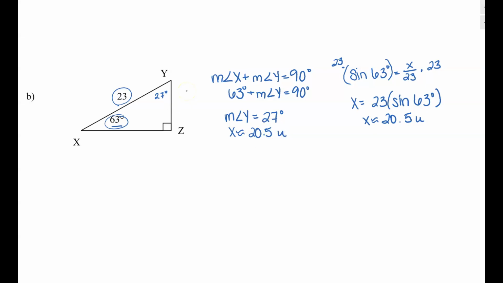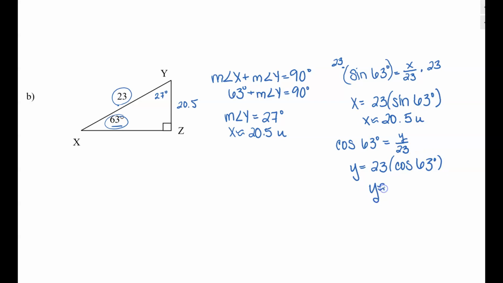I could now use the Pythagorean theorem if I wanted to, because I know that little x is 20.5, or I'm going to use cosine, because the cosine of 63 degrees is the adjacent, which is little y, over the hypotenuse. Again, I'm multiplying 23 to both sides. Write it out so you guys can see it.